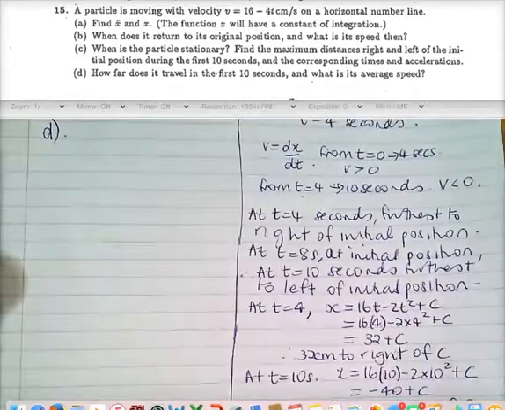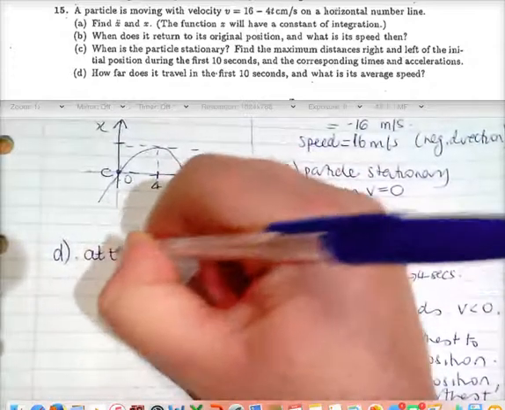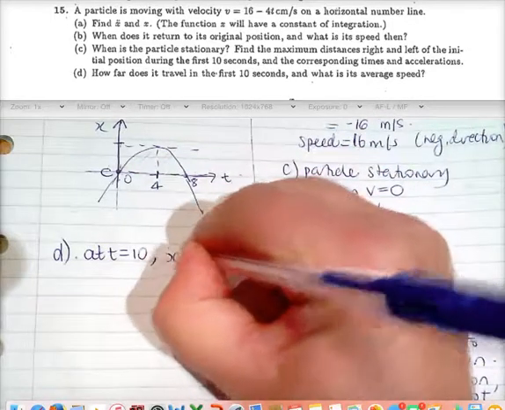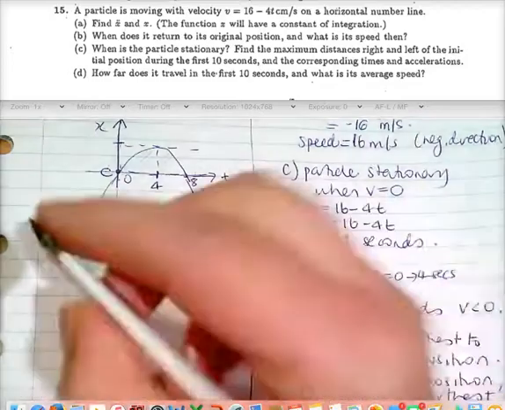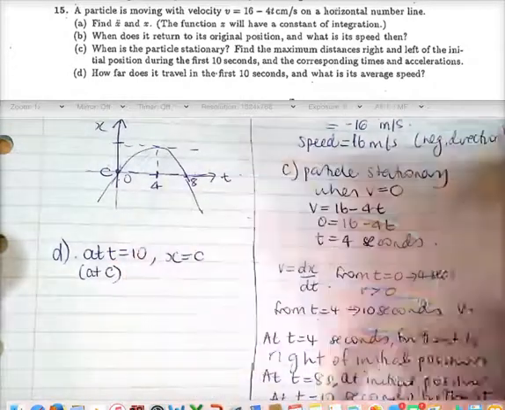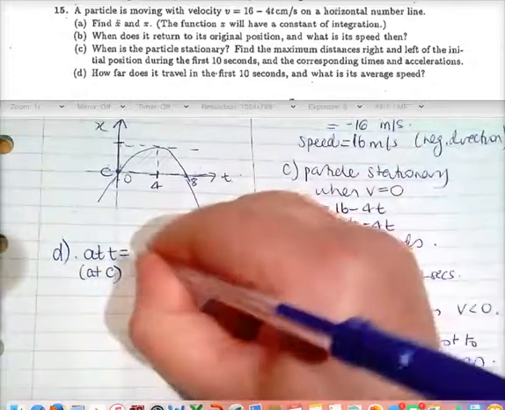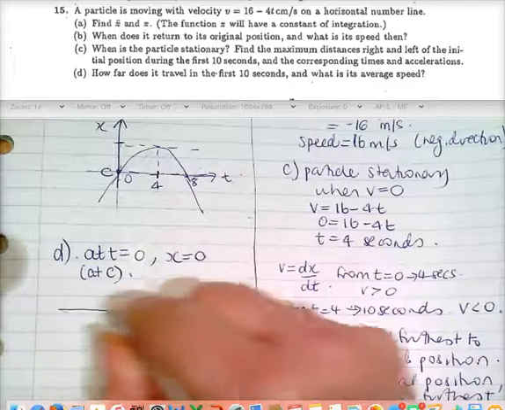We better see where it is at the beginning. So at time equals 0, we get x equals C, so therefore it is at C. So at 0 time initially, the particle is at C. So therefore, this is what happens.